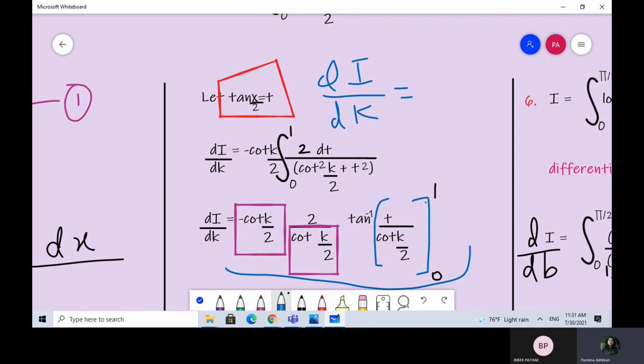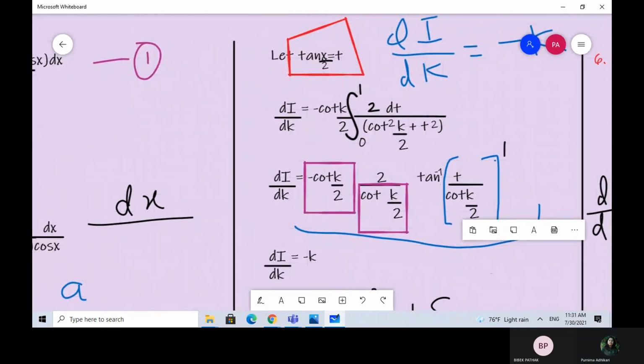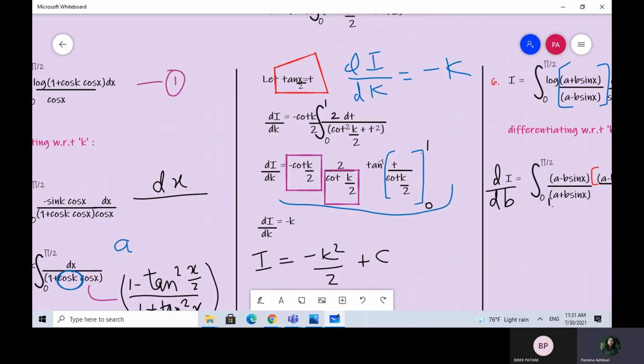You are very close, you cannot have a constant answer. Minus k, yes, exactly. Your 2 cancels out. So minus k. My goodness, it's so frustrating. We have gone through a lot of calculation and we have just got minus k.